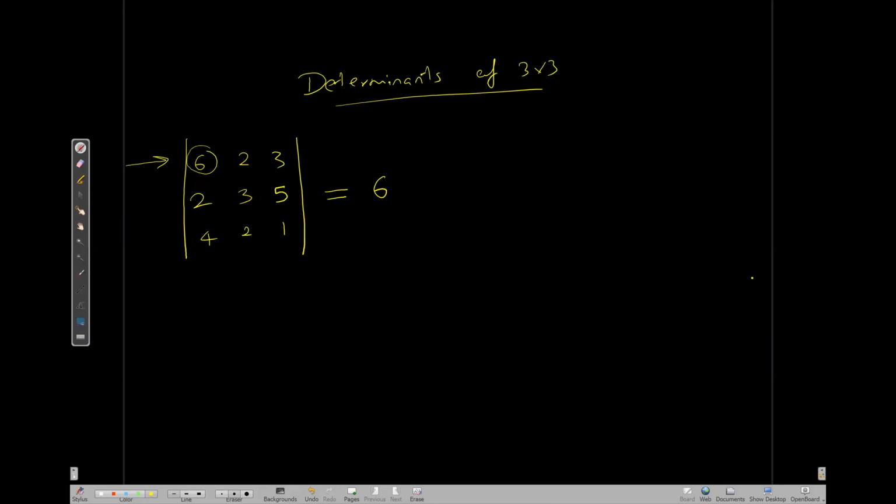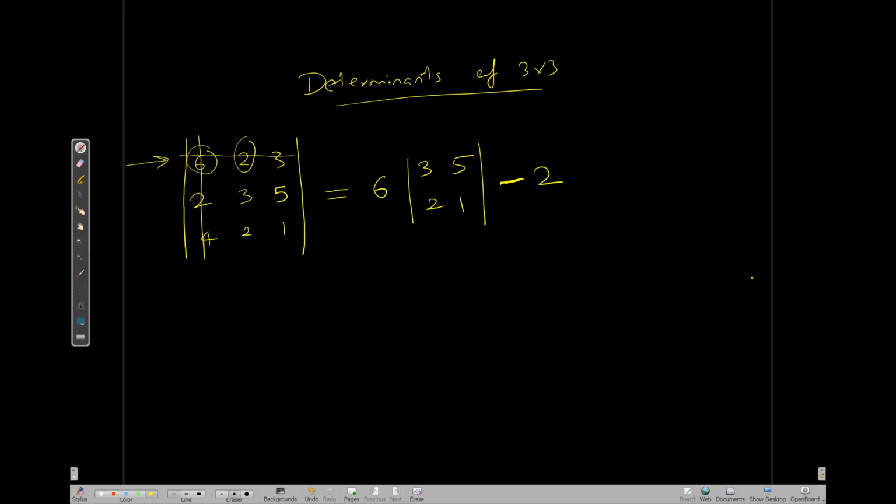You'll understand this in a minute. 6 is in the first row and first column, so when I omit that row and column, the determinant of the remaining 2 by 2 matrix, then minus. Why that minus appears, we'll talk about later.